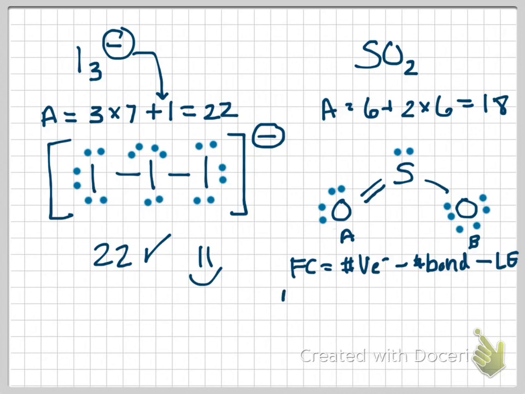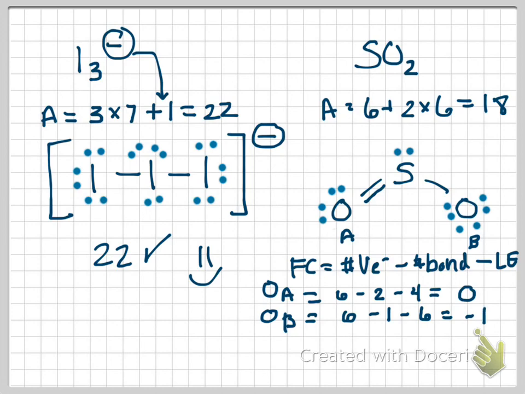So if we do this calculation for oxygen A, we get oxygen has 6 valence, it has 2 bonds, and then 4 lone electrons, and the formal charge of this is 0. If we look at oxygen B, B has still oxygen, 6 valence, 1 bond, and then it has 6 lone electrons, and it has a -1 formal charge.